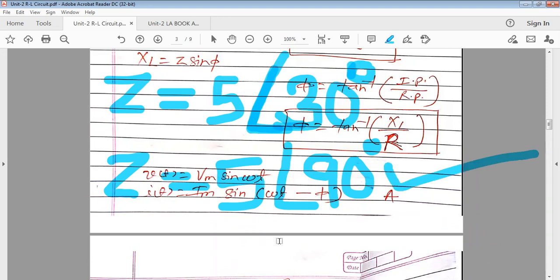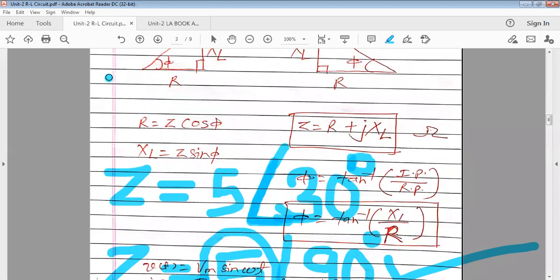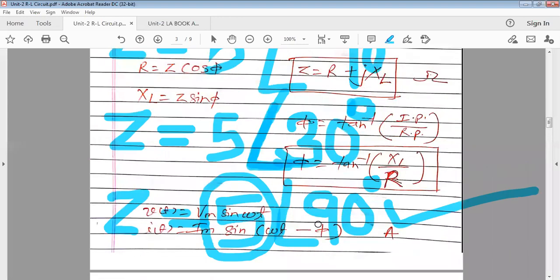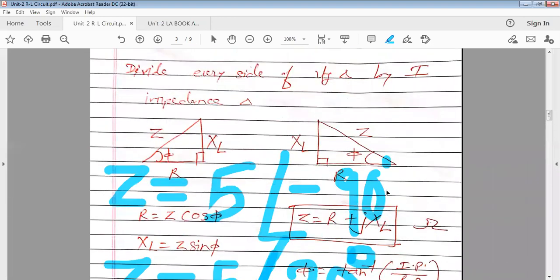Then what is the value of XL? 5. Okay, and suppose it is given to you Z at an angle of minus 90 degree. If it is 90 degree, it is either inductive or capacitive. If plus 90 degree, then XL, and if minus 90 degree, then XC. Why? Because we have seen Z is equal to minus jXC.